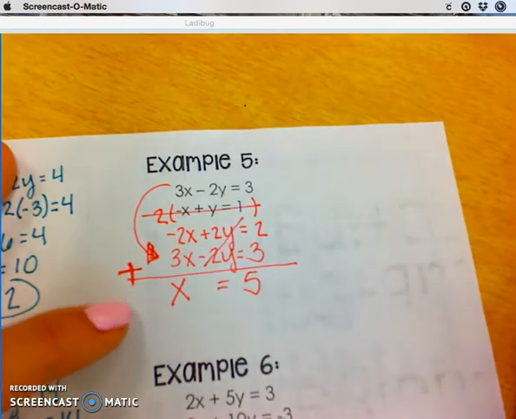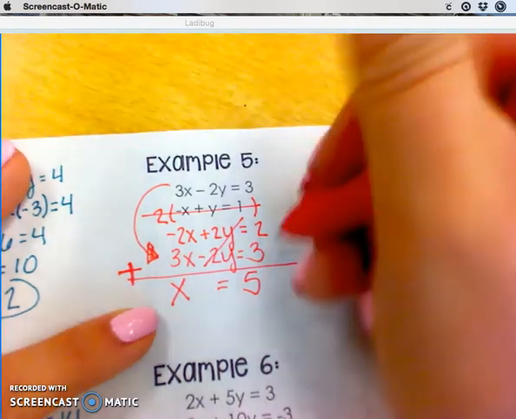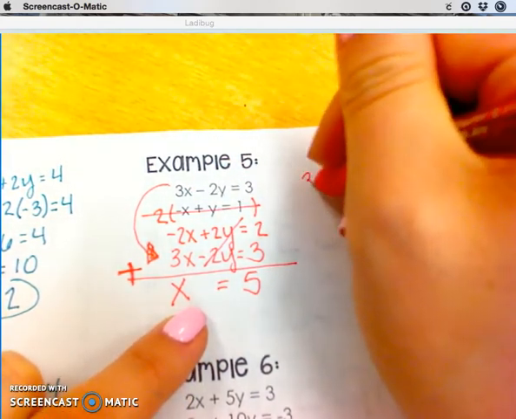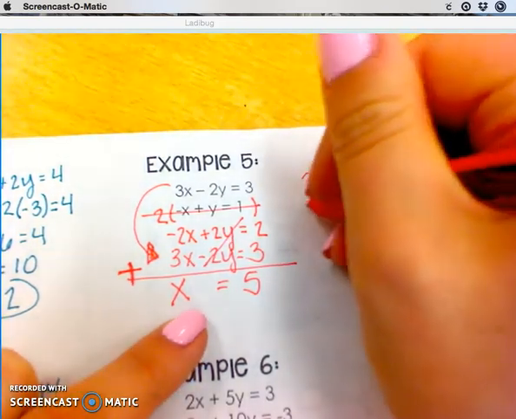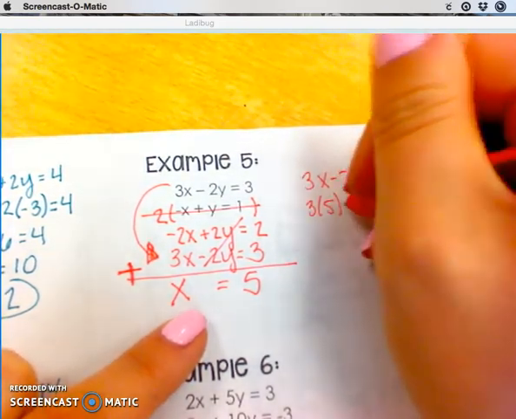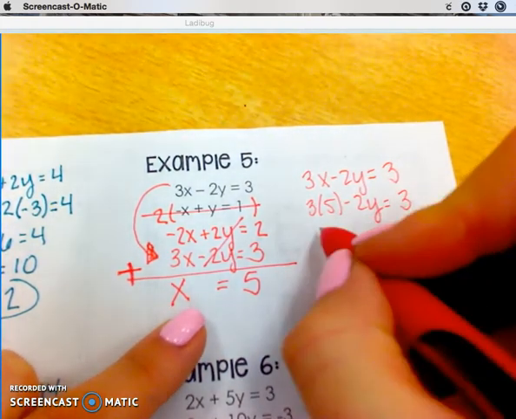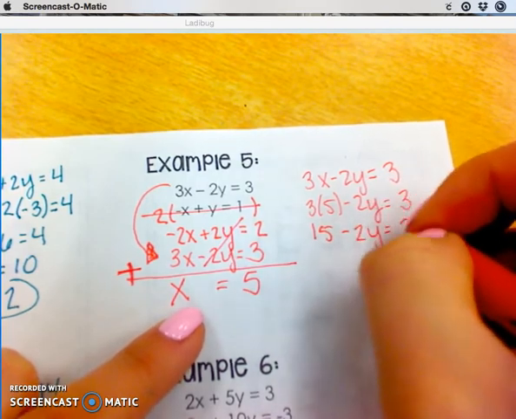That was easy. Now I'm going to take this equation, this x, and plug it into the top equation. So I'm going to plug it in to 3x minus 2y is 3. So 3 times 5 minus 2y is 3, and solve for y. 15 minus 2y is 3.